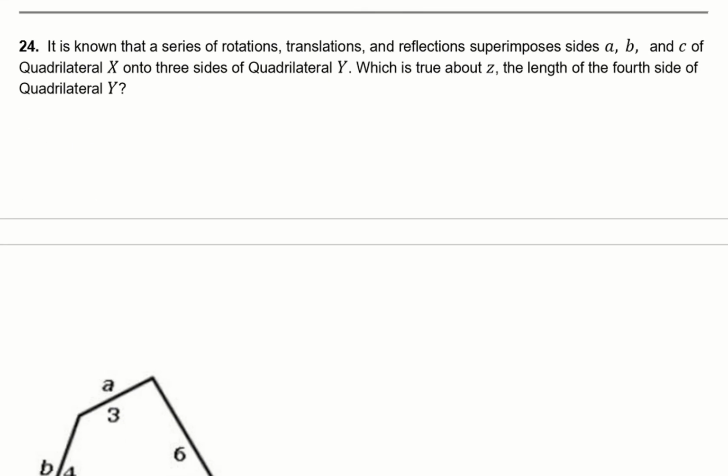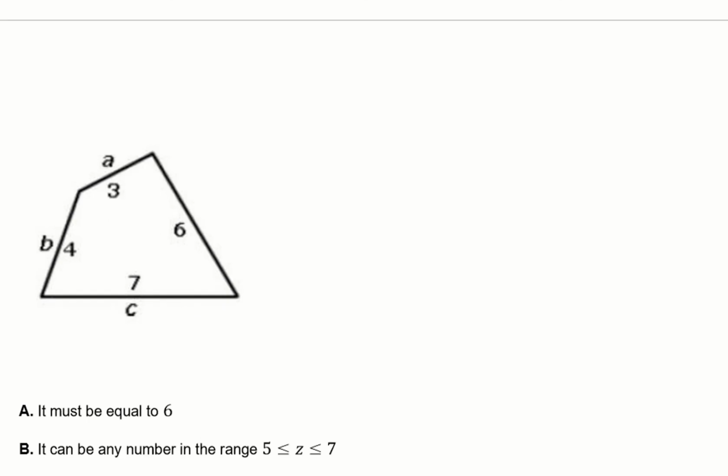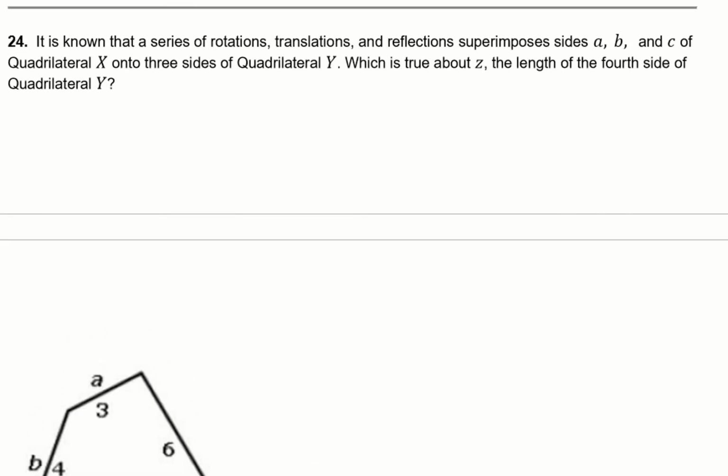It is known that a series of rotations, translations, and reflections superimposes sides A, B, and C of quadrilateral X onto 3 sides of quadrilateral Y. Which is true about Z, the length of the fourth side of the quadrilateral Y? So we have this quadrilateral here, and we're doing rotations, translations, and reflections, which we know do not change the shape.